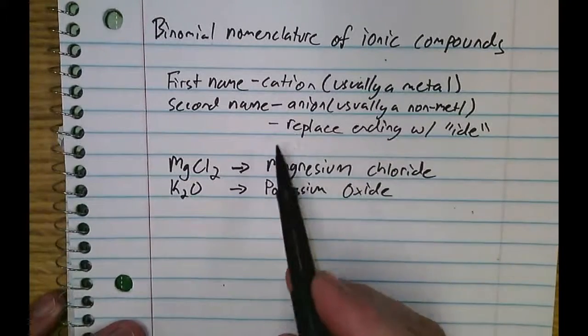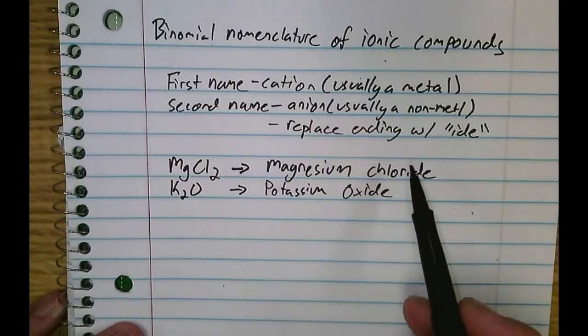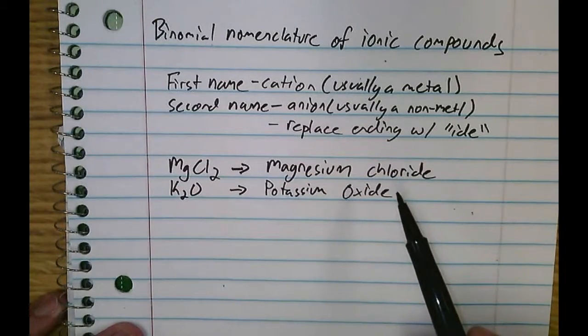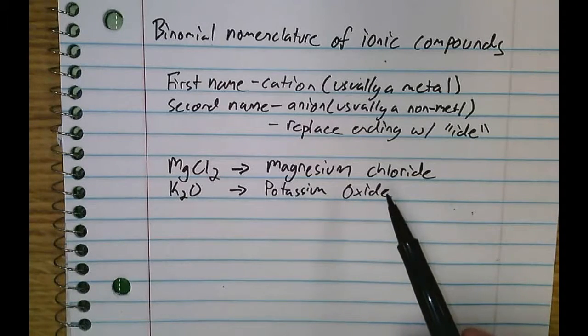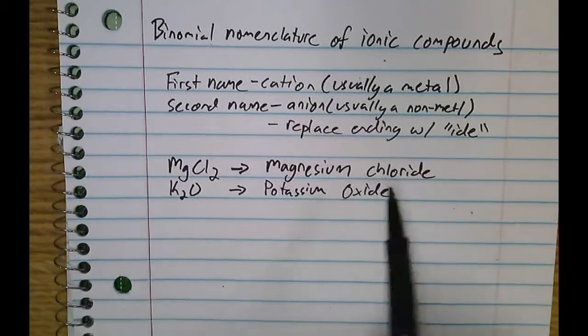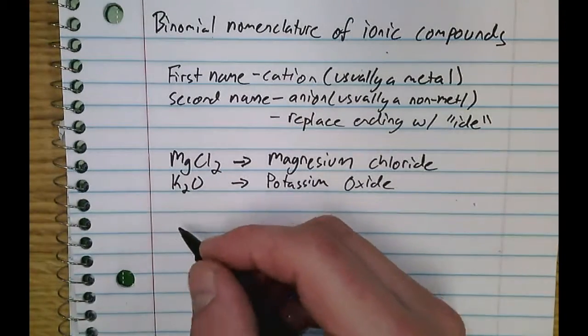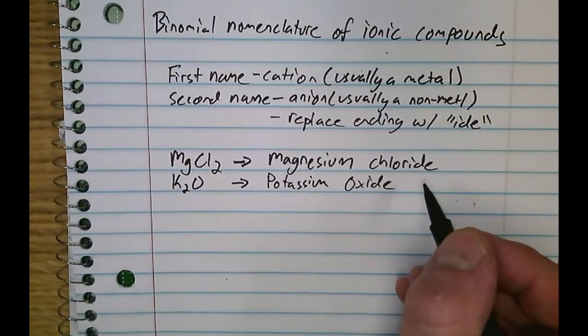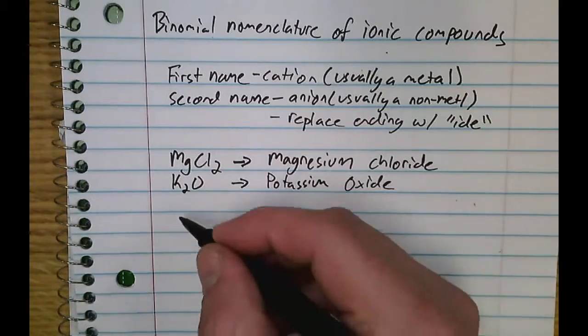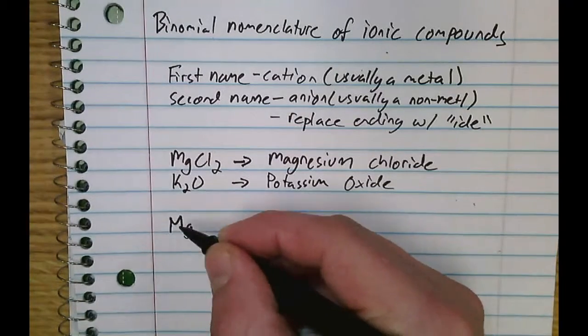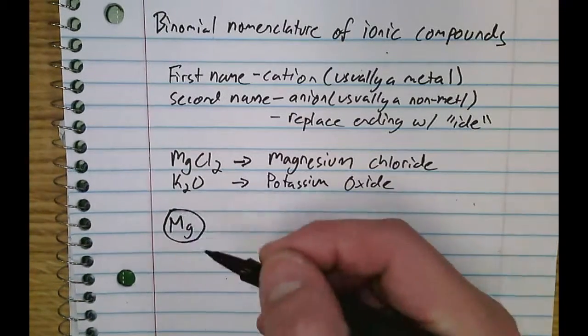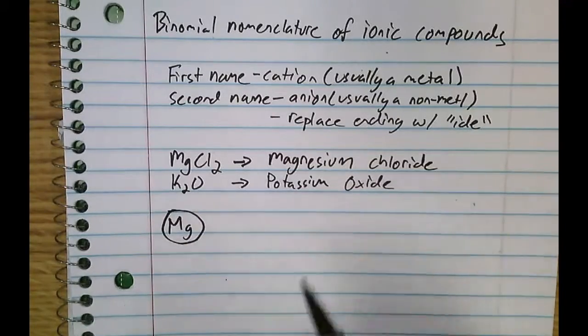Alright, now what I think is a little trickier is going the other way. So if I were to look at the same compound and say, okay, it's called magnesium chloride, how do I know that it needs to be 1 magnesium and 2 chlorines? Well, here's how. If I know that it's made out of magnesium and chlorine, let's draw a picture of 1 magnesium. And we need to know what is magnesium's charge.